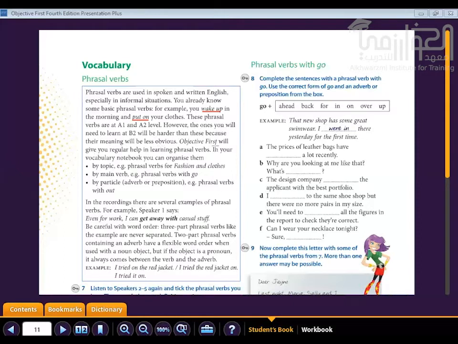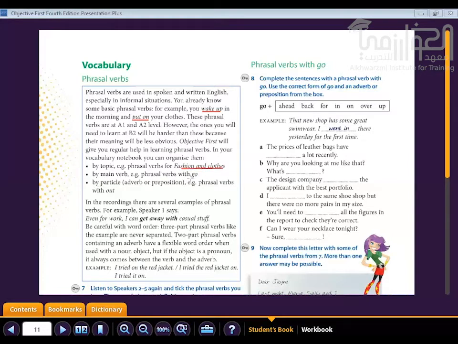Now, Objective First will give you regular help in learning phrasal verbs. In your vocabulary notebook, you can organize them. You can arrange your phrasal verbs by topic. For instance, you can say something like, these are phrasal verbs about fashion and clothes. Or you can also arrange them by verb.